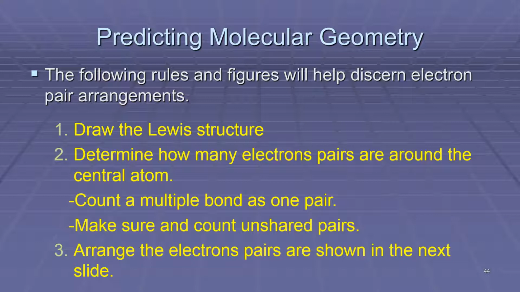Because of the way double bonds and triple bonds work, even though they're not exactly in the same location, there's some way that they organize themselves, but we're going to count any kind of bond as one region. So even if it's a single, a double, or a triple bond, they all count as one region. But it's very important that you count the unshared pairs as a region. Then you can arrange the electron pairs as shown in the next slide.